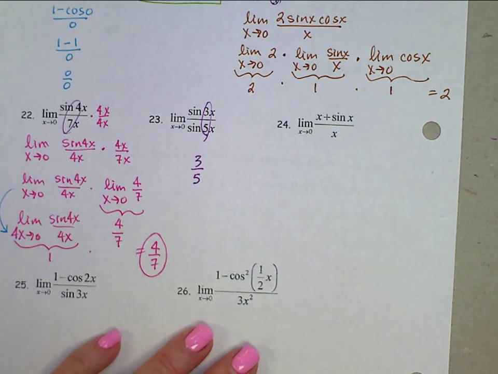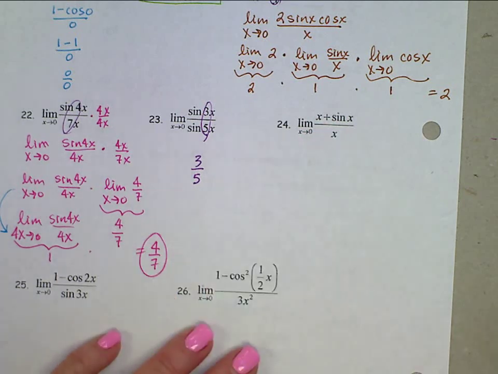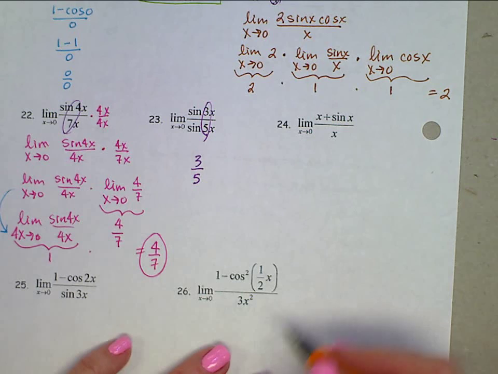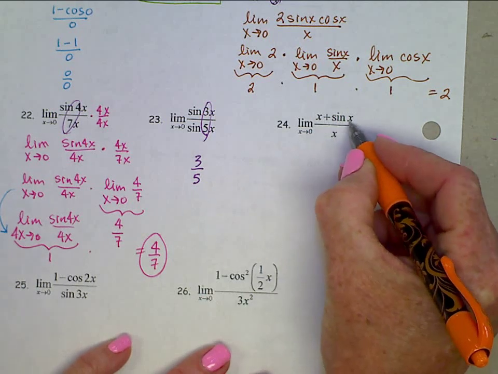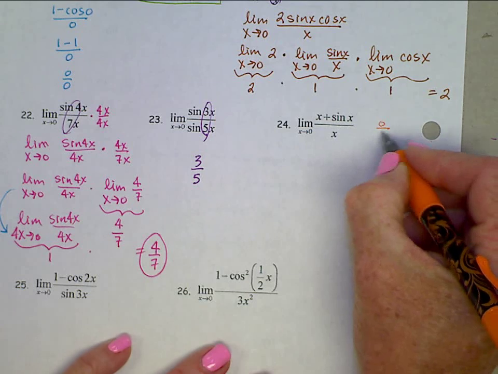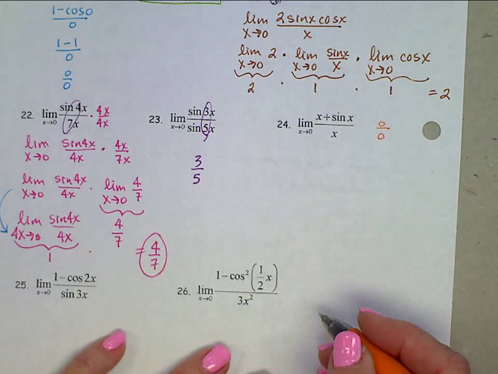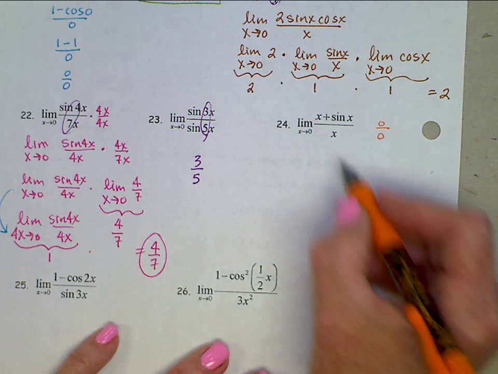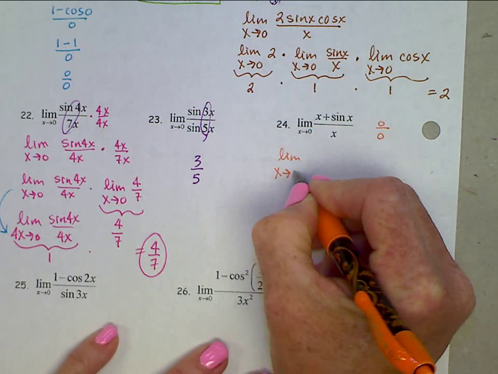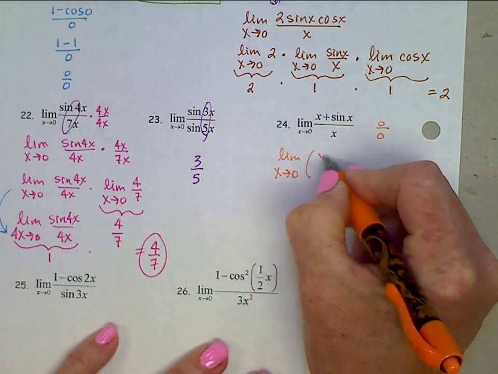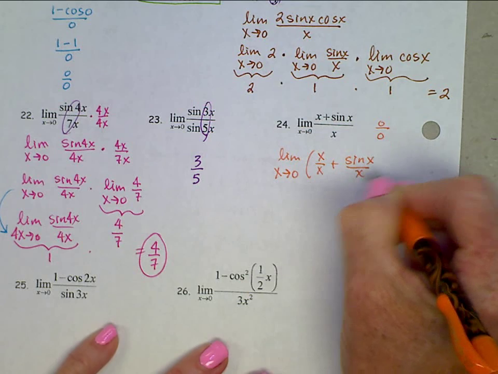Let's look at this one. The limit as x approaches 0 of x plus sine x over x. First thing, always substitute in. This gives us 0 plus the sine of 0, 0 over 0. So now we can do some other manipulation. Could we separate this and write this as x over x plus sine x over x?